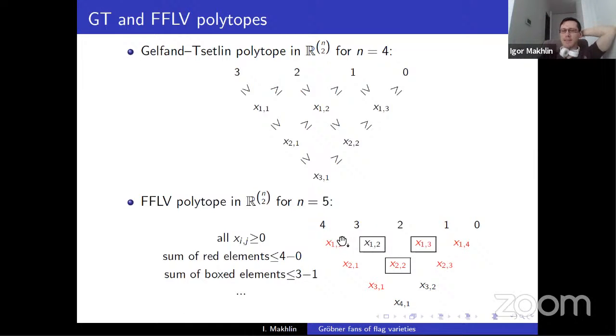The idea is that you can take any Dyck path in this triangle, something that starts in the top row, goes somehow like this, and ends in the top row, and then you limit the sum of the corresponding coordinates by the difference of the two numbers in the top row. I will not talk about this too much, but this is how this polytope looks. It's really pretty neat. It's more complicated than the Gelfand-Zetlin polytope, but it's also nice.